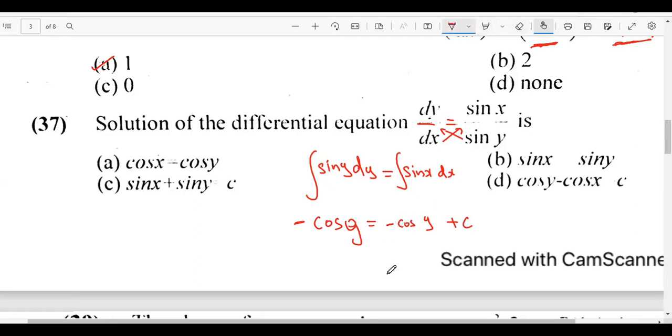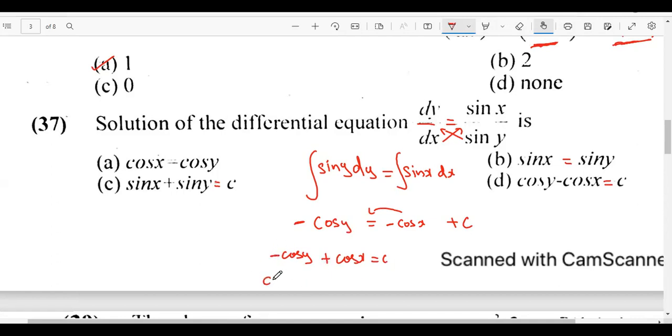Okay, and now we are to simplify this. I can take cos to this side. This would be minus cos y plus cos x equals c. Now, if you look at all the options, we are not able to find anything of this type. So we need to multiply a minus on both sides.